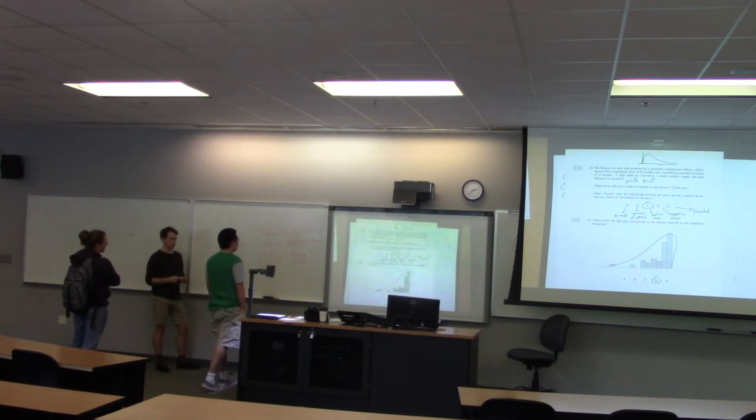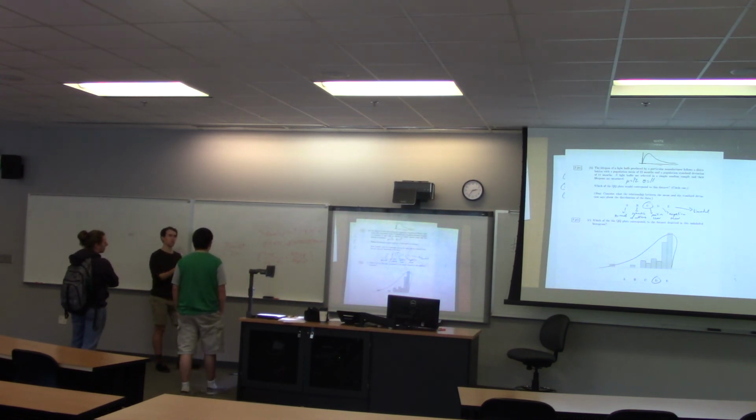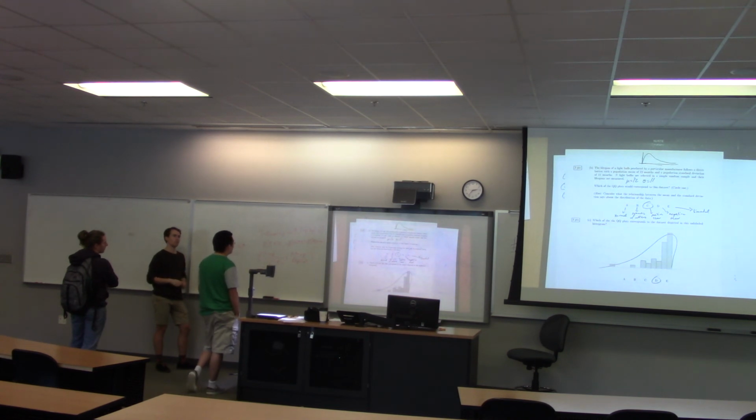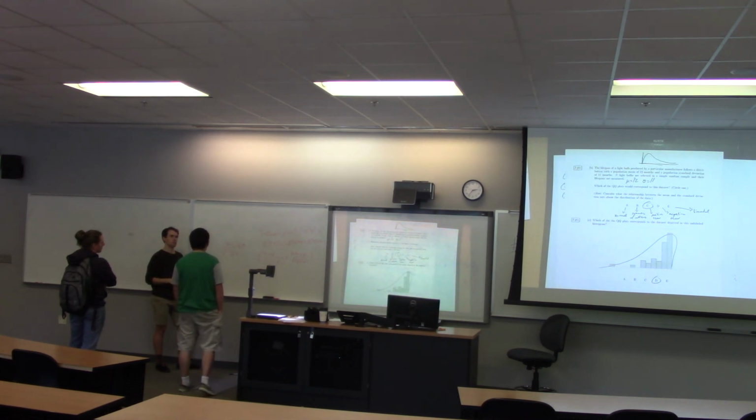Regarding the CLT and the normal approximation to the binomial, the fundamentals for that, how far back? I would just look at the CLT section. I wouldn't look back any further than the CLT in the notes. You should be familiar with the normal distribution, I guess.